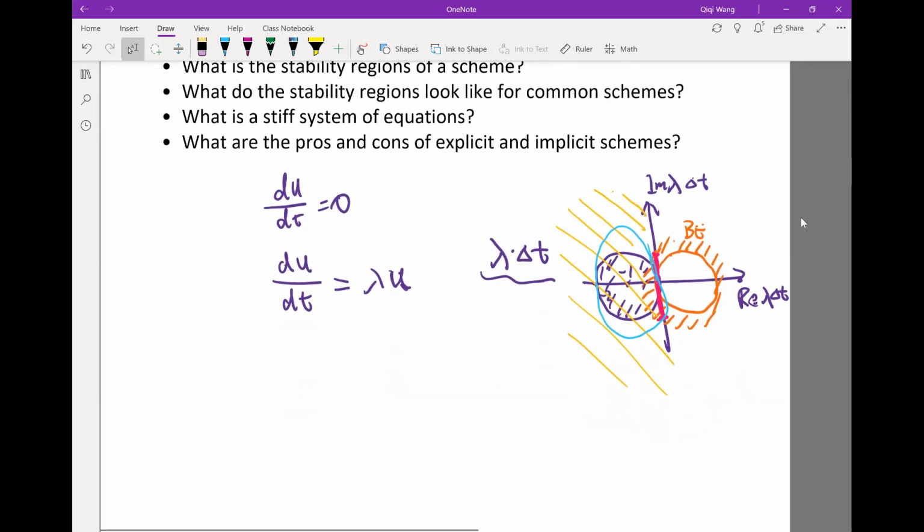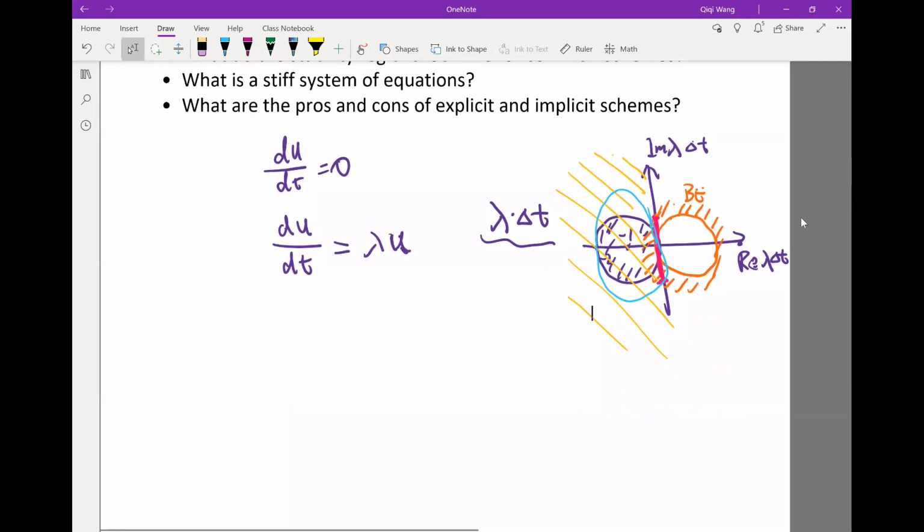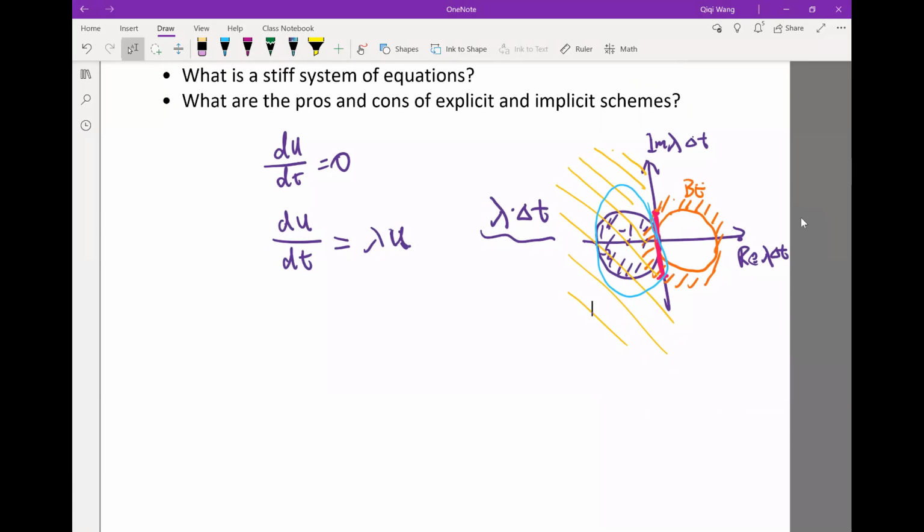Okay, so what is a stiff system? A stiff system is basically a system of equations with vastly different eigenvalues. Some eigenvalue is much larger, let's say 1,000 times larger than other eigenvalues. And it is important in deciding what kind of scheme to use.